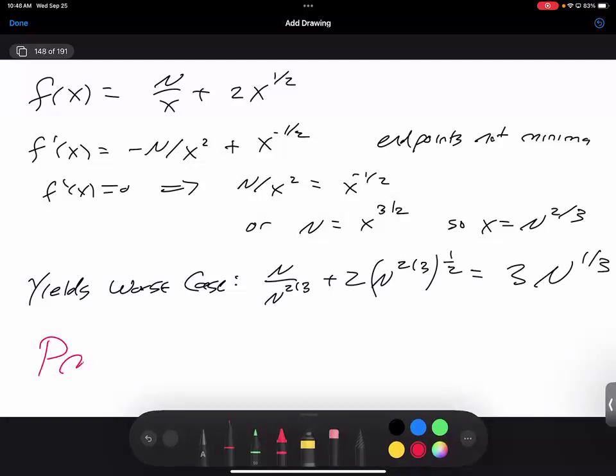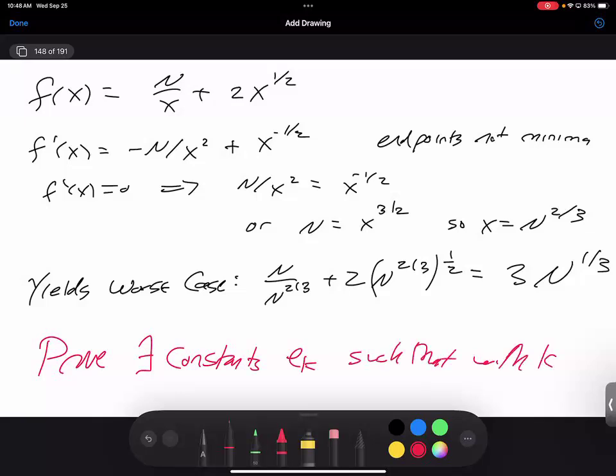So prove there exist constants e sub k, for egg, such that with k eggs, the worst case is going to be less than or equal to e sub k times n to the 1/k. So you should be able to prove that by induction.